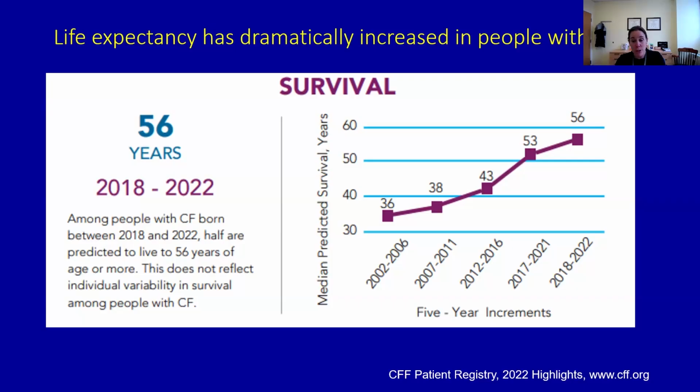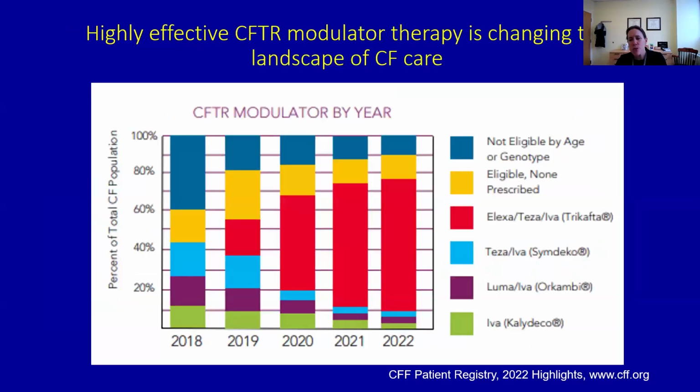And now for children born between 2018 and 2022, their median predicted survival is 56 years of age. And this is only getting better with time. A big driver of these improvements in life expectancy has been the development of highly effective CFTR modulator therapy, and this is just changing the landscape of CF care.